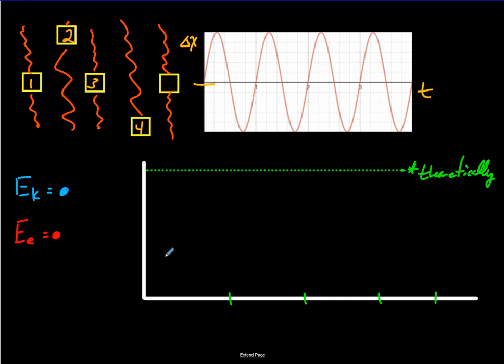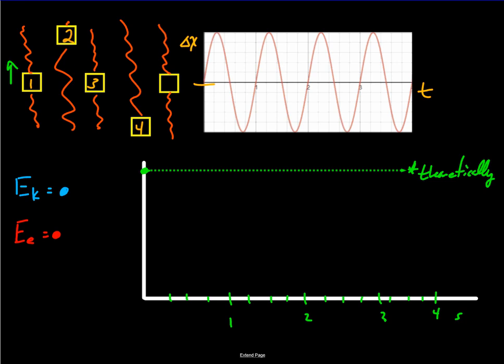All right, so at the beginning, at the start, we're going to have a maximum value for kinetic energy. This object is at its max upward velocity, right? I'm also going to draw in some sublines here just to help us mark where we're at. Okay, 1, 2, 3, 4 seconds. Now, at what point is kinetic energy going to be 0 for the first time?